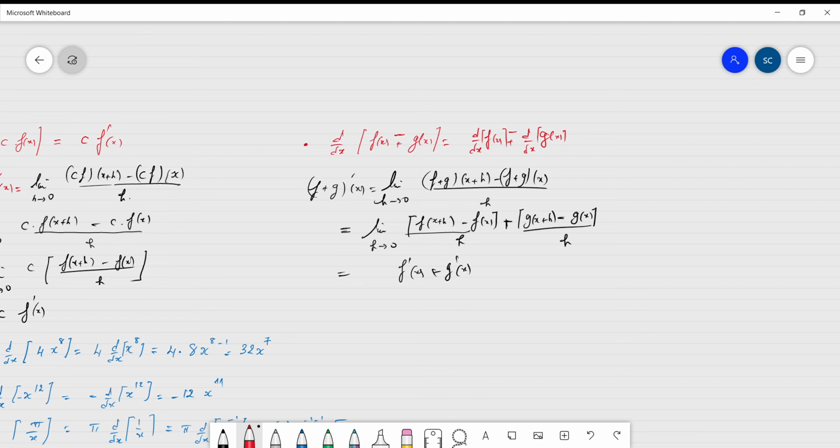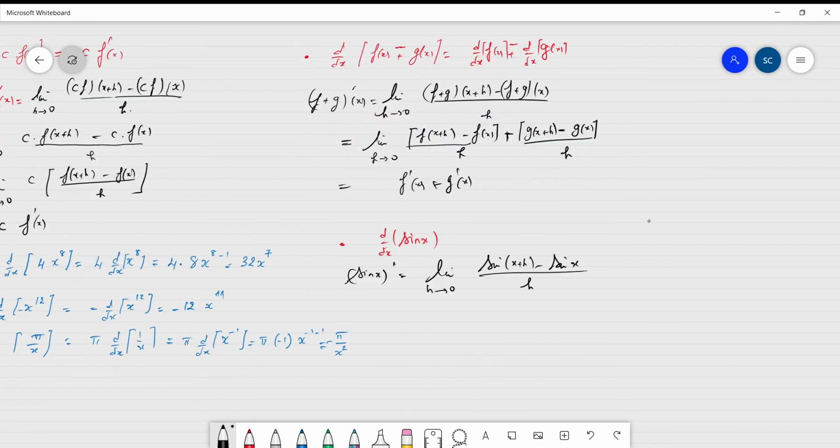And the last property we will do for today is the derivative of sine x. Again, the proof is easy. So (sine x)' will be the limit of sine of (x plus h) minus sine x over h as h approaches 0. Now we work on the difference here, and we will develop this term using trigonometric rules.